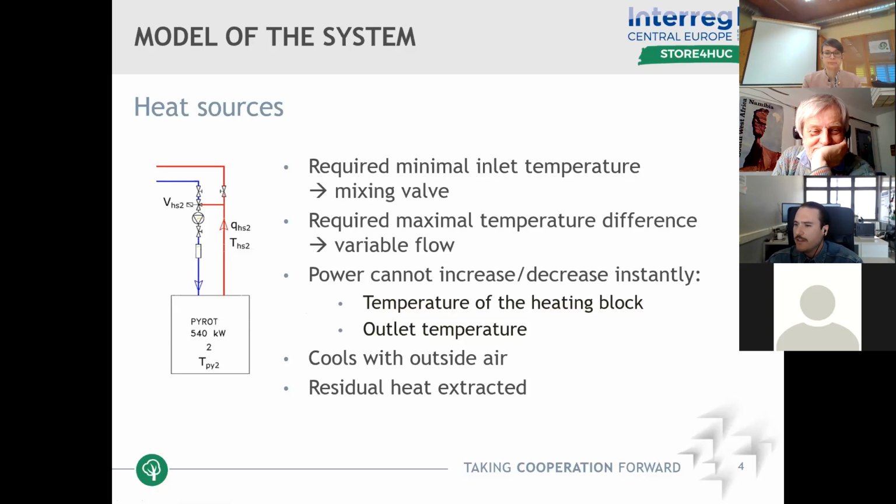From the data we got from Weiz, we saw when the boiler is shut down, it takes around 2 days to cool down. So I think it was 2 days from 80 degrees to 40 degrees or so. So if the pump runs after the shutdown of the boiler, we could extract more heat and there will be less waste to the air around it.